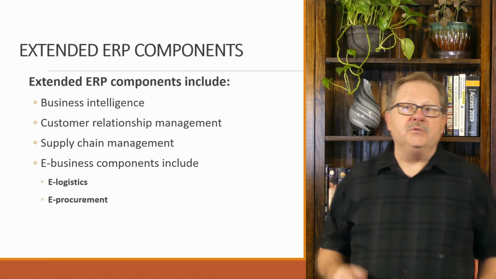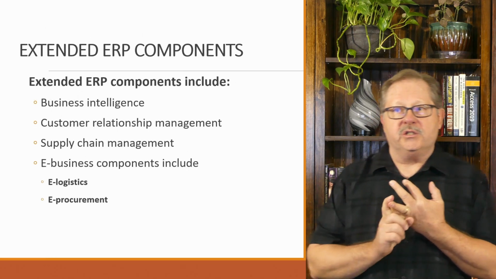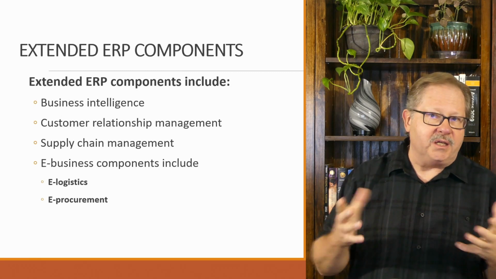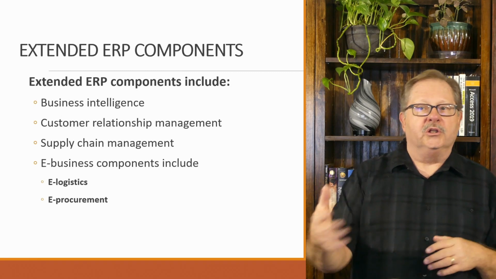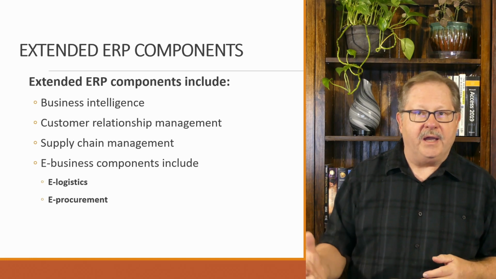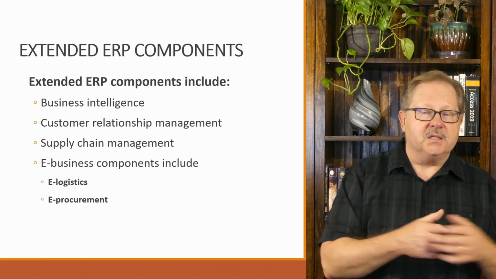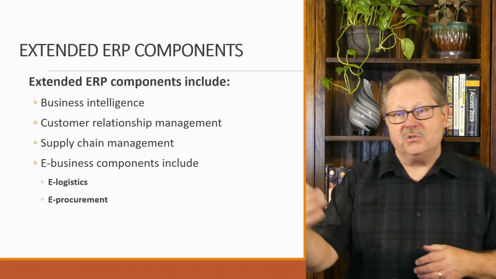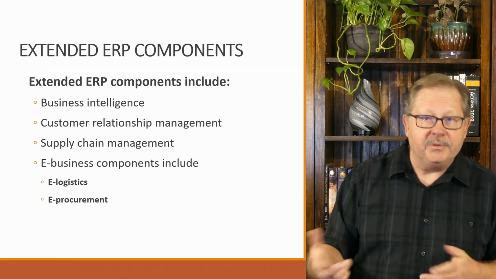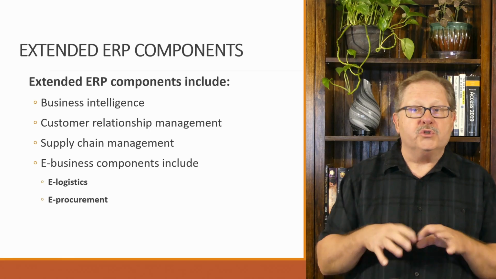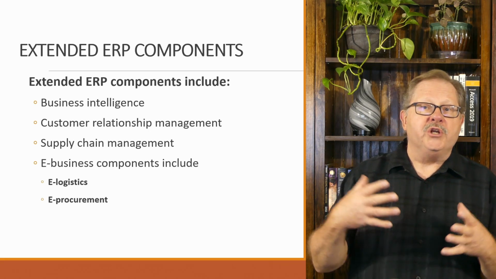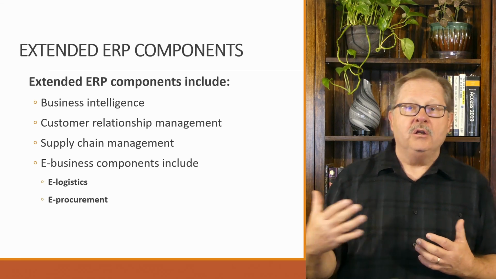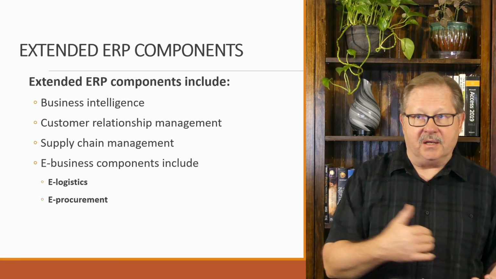So other extended, we talked about business intelligence, customer relationship management, supply chain management, and of course the e-business components, which is the logistics and the procurement that you have for your online side of your business, and possibly even your web business or your mobile phone business, any one of those components where you're reaching out to customers and integrating with customers and selling through those types of mediums.